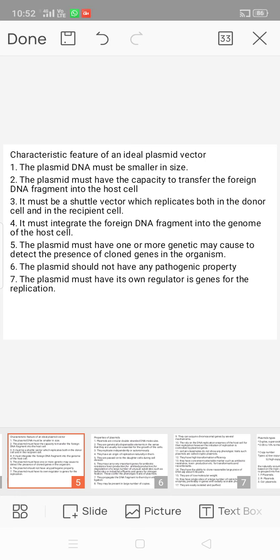And fourth, it must integrate the foreign DNA fragment into the genome of the host cell. The plasmid must have one or more genetic markers to detect the presence of cloned genes in the organism. The plasmid should not have any pathogenic property, and it must have its own regulatory genes for replication.